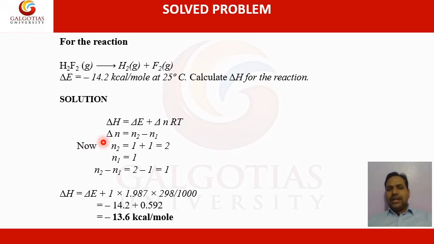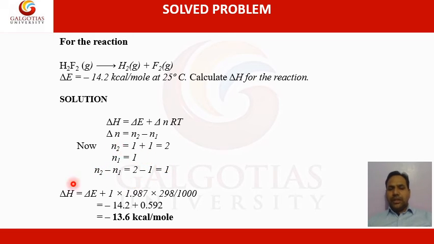Delta n, the change in number of moles, is equal to n2 minus n1. n2 is 1 plus 1, equal to 2, and n1 is 1, so n2 minus n1 is 2 minus 1, equal to 1.